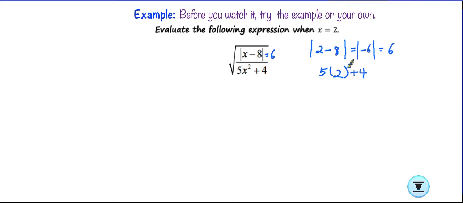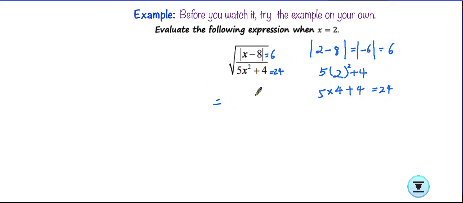This 2 only applies to 2, so we do 2 to the second power, which is 4, then times 5. So please do remember, we don't do 5 times 2 first. That's a wrong step. Then plus 4. So 5 times 4 is 20. 20 plus 4, 24. Now I know the bottom is 24.